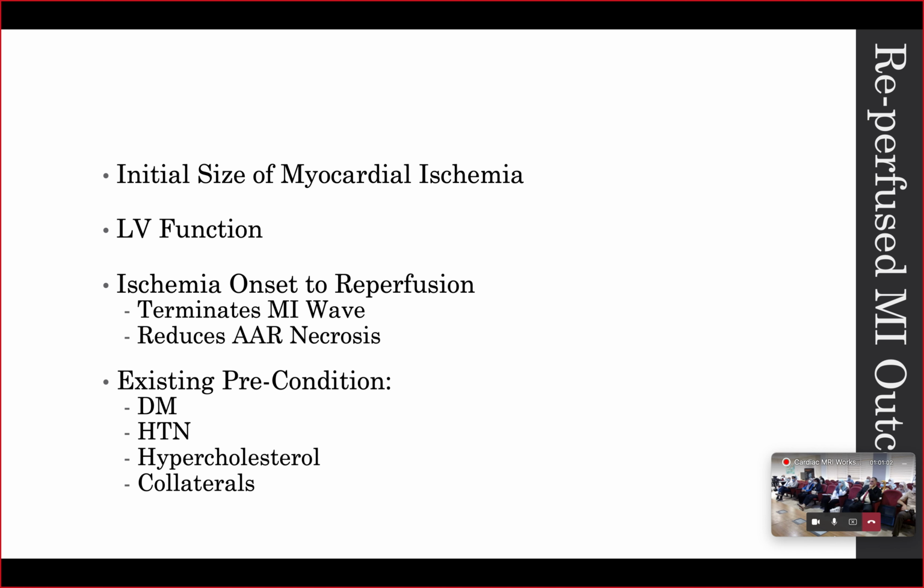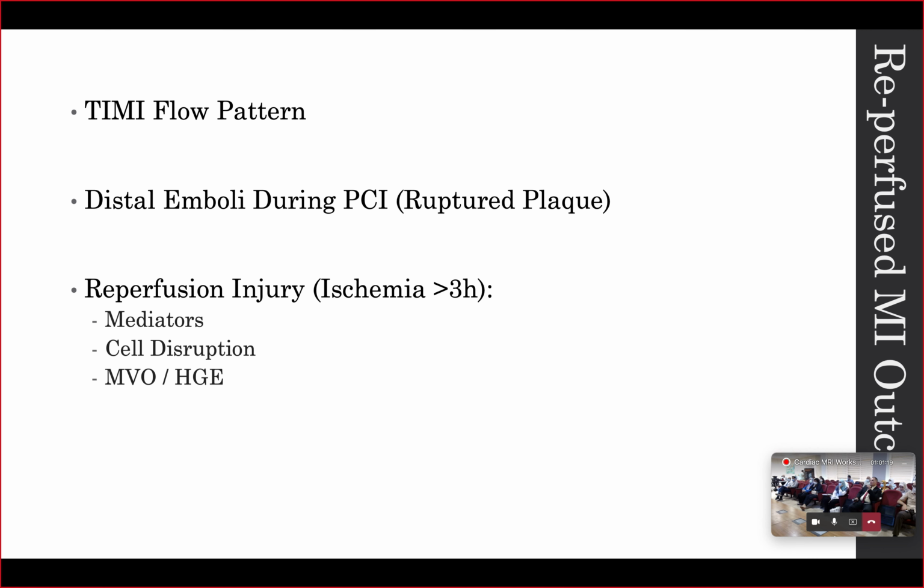Collaterals are a very important factor, because if there is a good bed of collaterals, probably the myocardial infarction will be small and less liable to have reperfusion injuries, MVOs and hemorrhage. The TIMI flow before the PCI is also important, whether it's a total occlusion or subtotal occlusion. Any distal emboli during the PCI is also a very important factor.